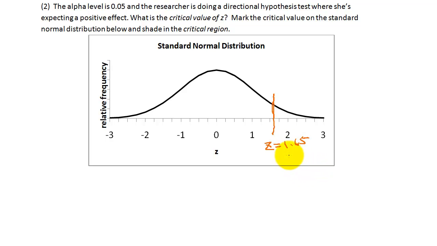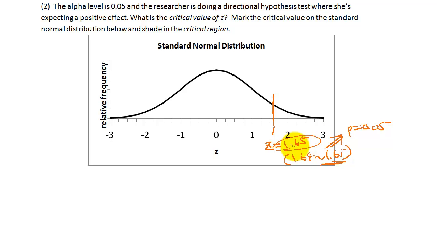It's actually somewhere between 1.64 and 1.65. The p-value for that is 0.05. You can't go to the lower end because that could include a p-value of 0.051 or something. So take this in, and that's the critical value of z.